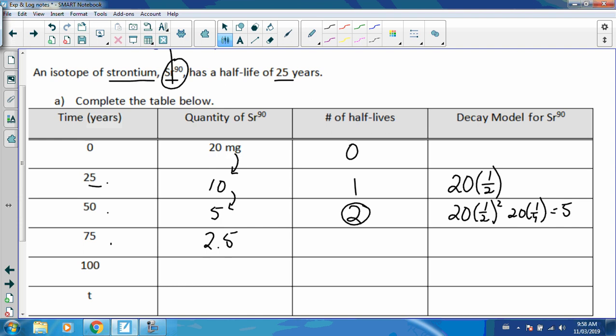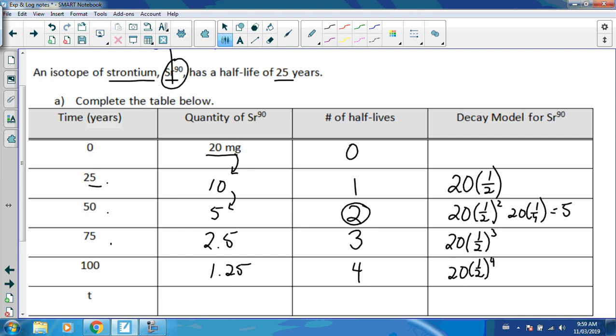After 100, I only have 1.25 milligrams based on the original 20. That's 3 half-lives here. For this, I could use my equation, change the exponent to a 3. Here, change the exponent to a 4.